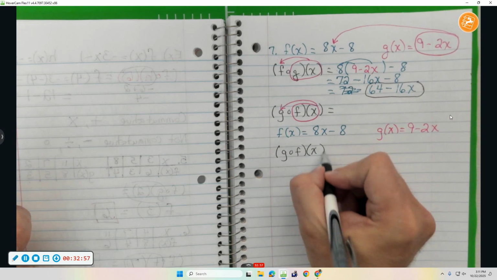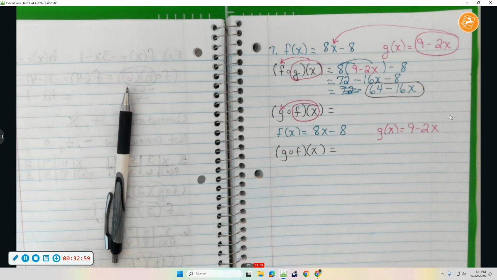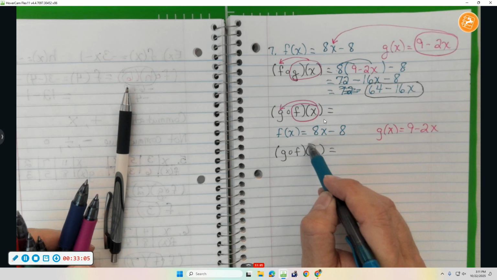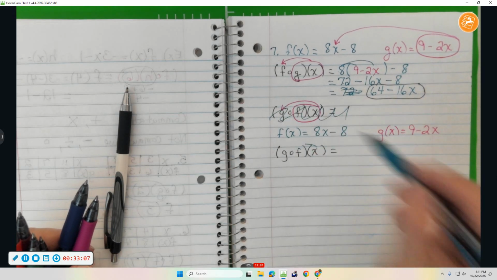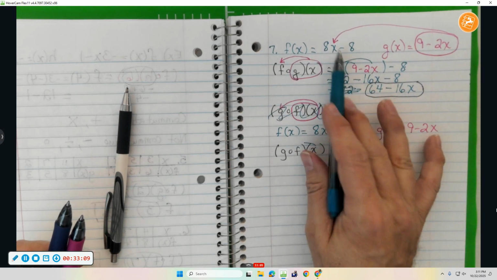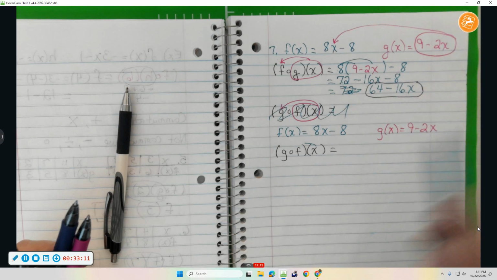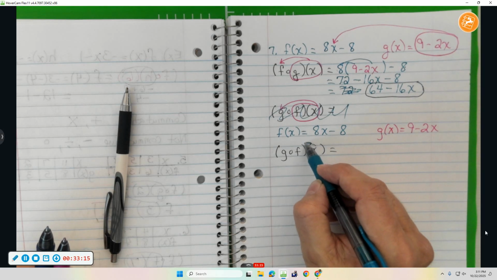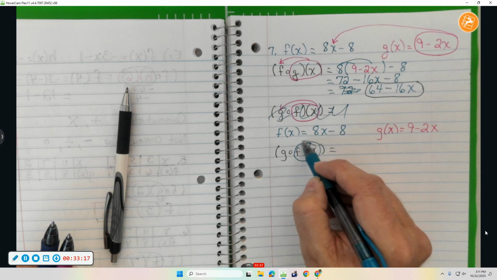The colors might not mean anything to y'all, but it means something to me. Okay? This says plug. I just rewrote the f and g so I can draw the arrows and it not be too messy. It means plug f into g.